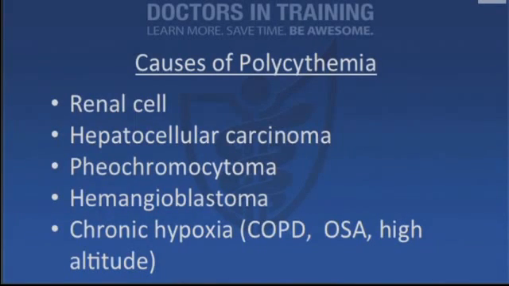All right. We've also mentioned that with chronic hypoxia, you're going to elevate your erythropoietin production to make more red blood cells. And so when would you have chronic hypoxia? When you have pulmonary disease like COPD or obstructive sleep apnea or at high altitude, you're going to make more red blood cells for that reason.